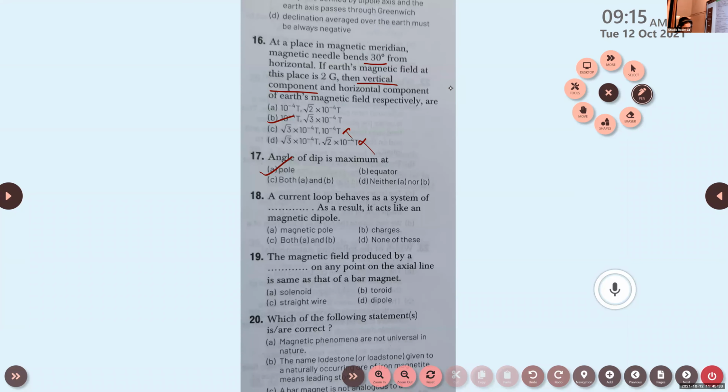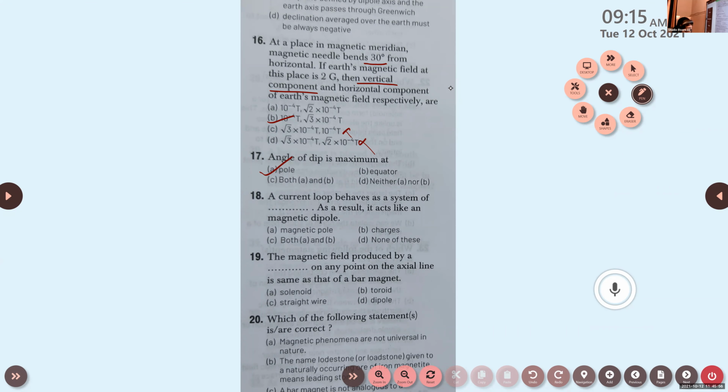So which is the correct answer? Charges. Is there any other option? All of them are going with charges. Ma'am, magnetic pole.